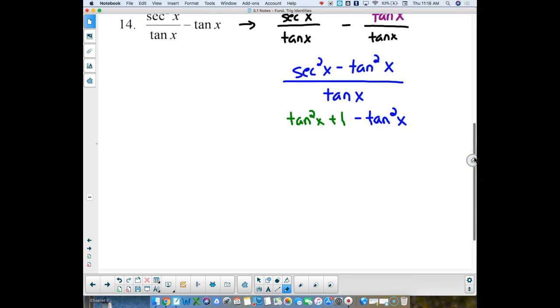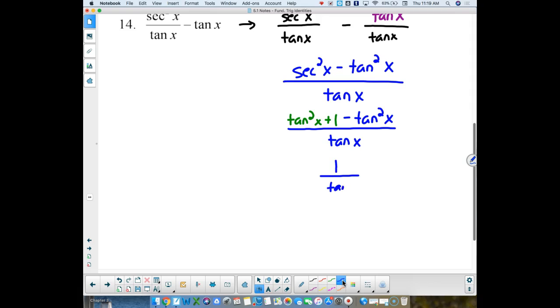See if I can redo that here so that it's not so funky. So all that's left on top then is 1. Tangents cancel each other out. So I have 1 over tangent of x, which is cotangent of x.